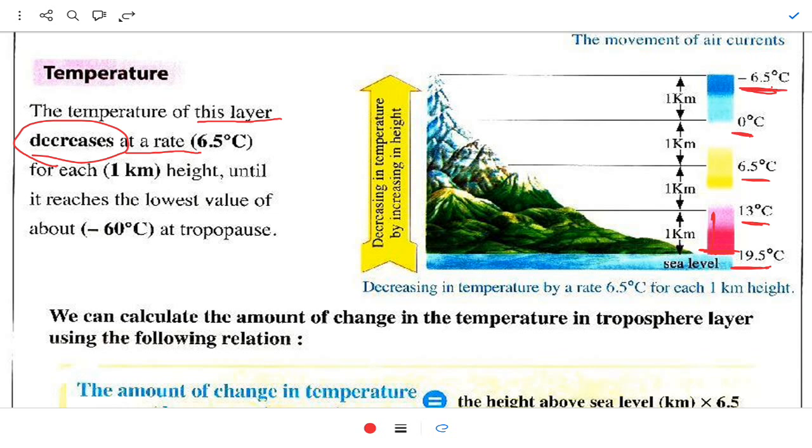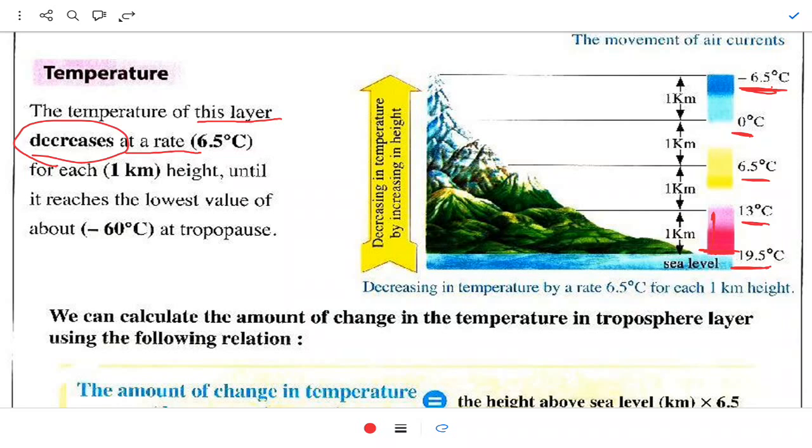So when you move 1 kilometer upward, the temperature will decrease 6.5 degrees.